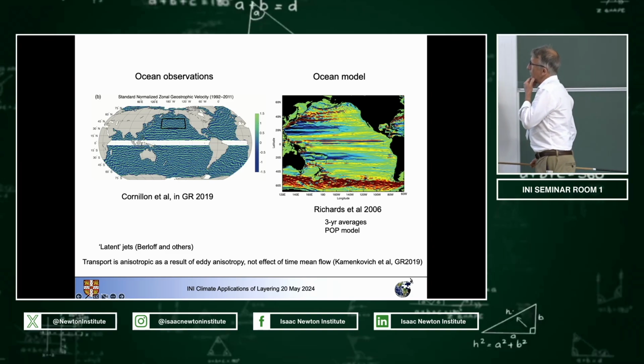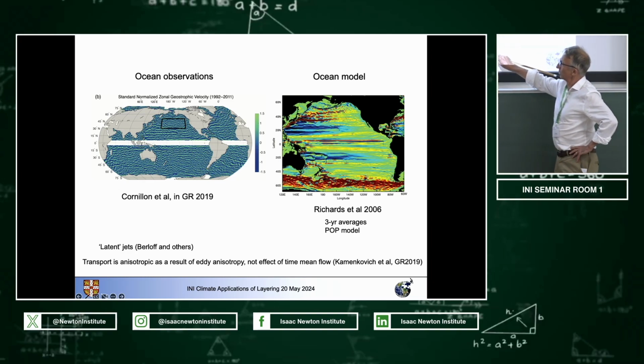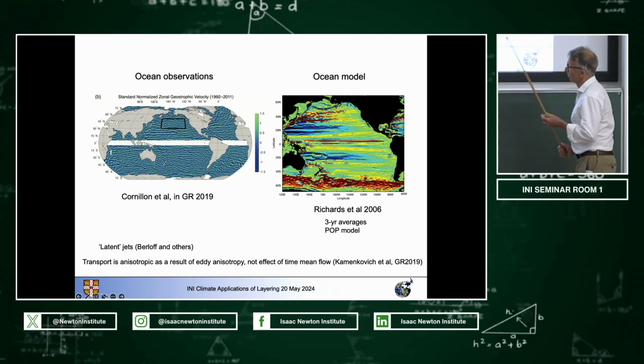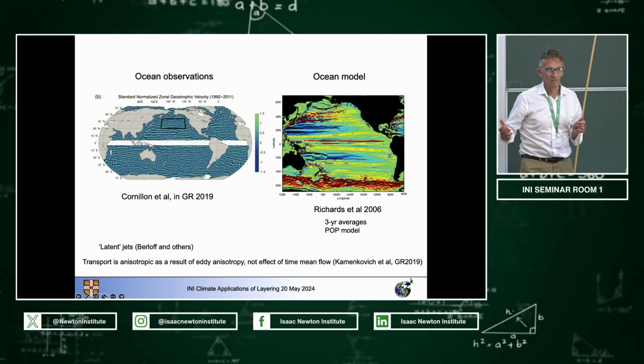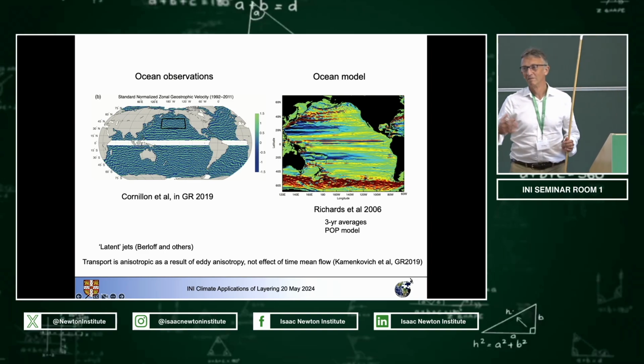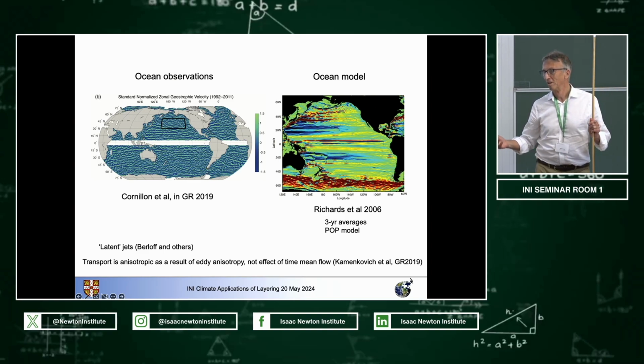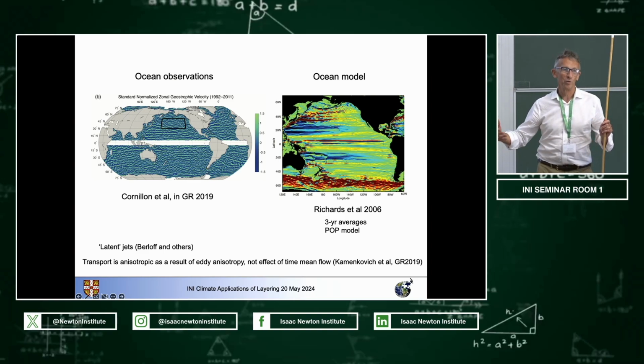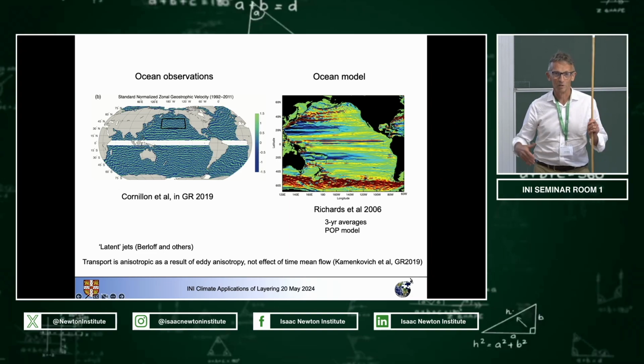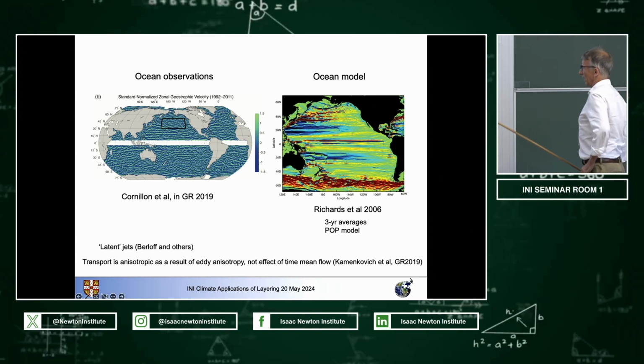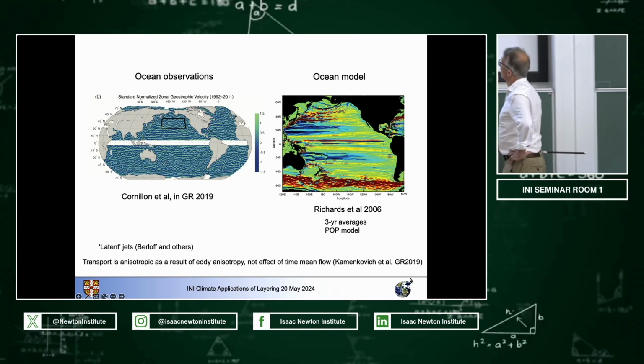The conventional wisdom to some extent on these jets is that to a large extent they're what are called latent jets. You can't see them in the instantaneous flow fields. Many of them emerge only when you take a time average. Pavel Berloff and others have used the term latent jets.